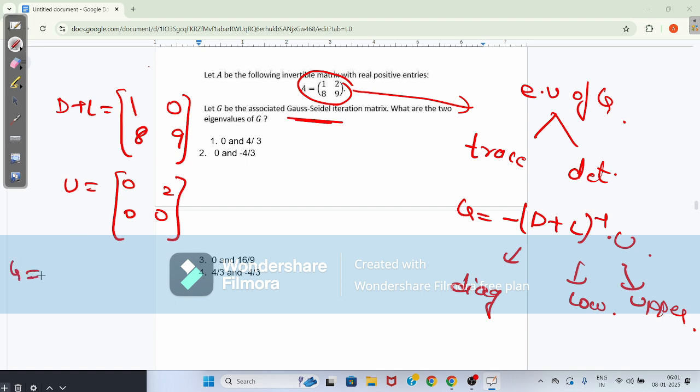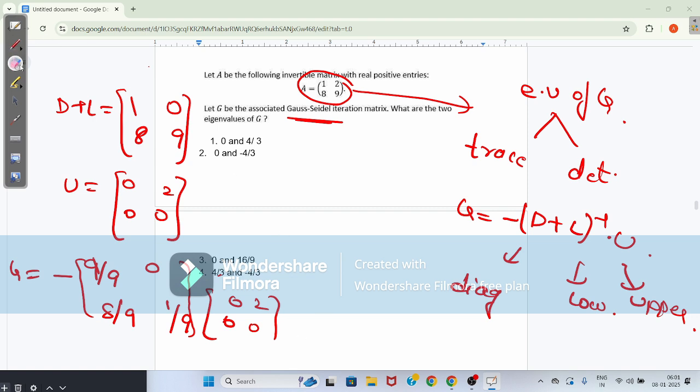Now the value of g is minus of the inverse of this, which gives 1 by 9, sorry, 9 by 9, 0 8 by 9, and this is 1 by 9 here, into 0 2 0 0. When you multiply these two terms, what will you get?